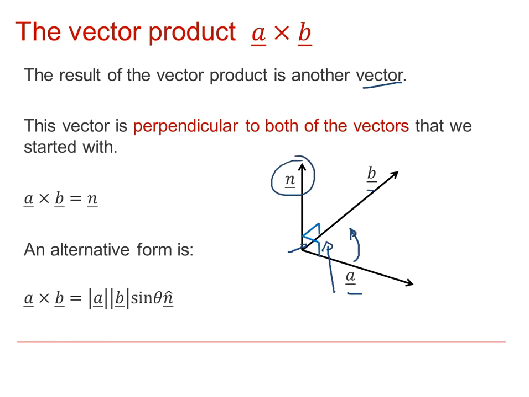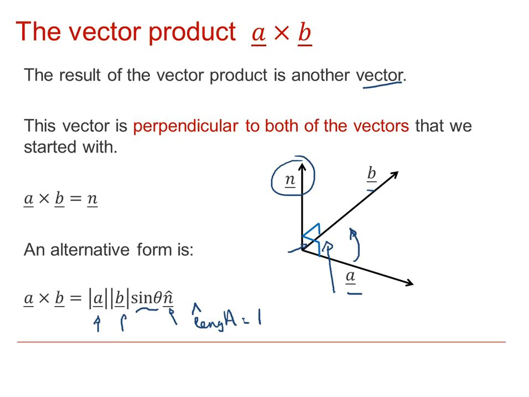Now, an alternative form of the cross product is to say that it's the length of A, mod B, sine theta, and then n hat. Now, n hat is just a vector of length 1, so the hat symbol means length is equal to 1.